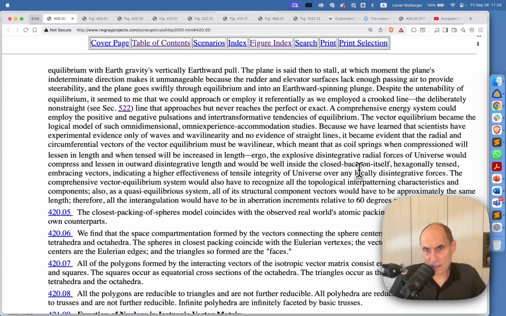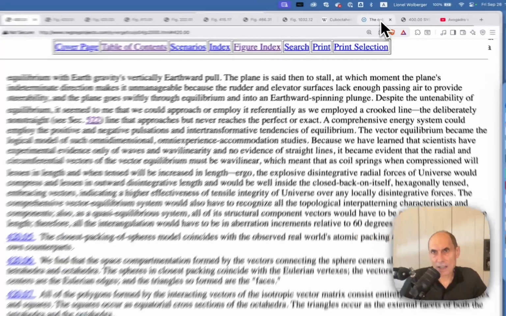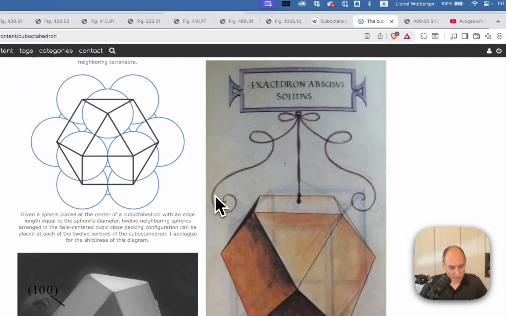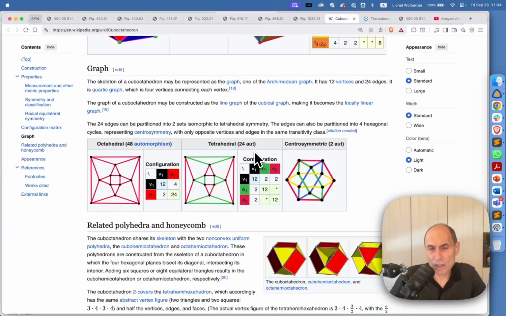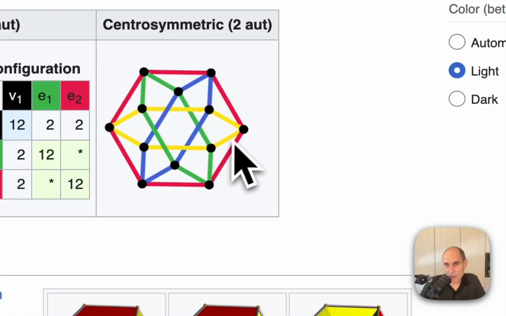The springs and closing back in on itself can be seen in this illustration. Down here, when you look at the graphs of the cuboctahedron, which is an essential part of the isotropic vector matrix, you have octahedral, tetrahedral, but here in the centrosymmetric, this yellow ring is a hexagon, then this green ring is a hexagon, this blue ring is a hexagon, and then the red, flush centered to the viewer, is a perfect hexagon.